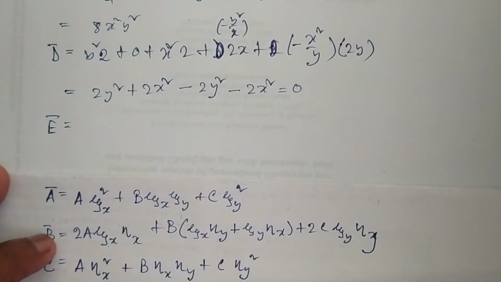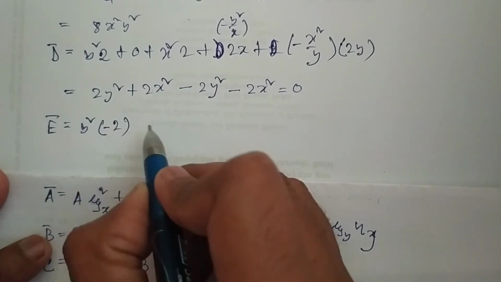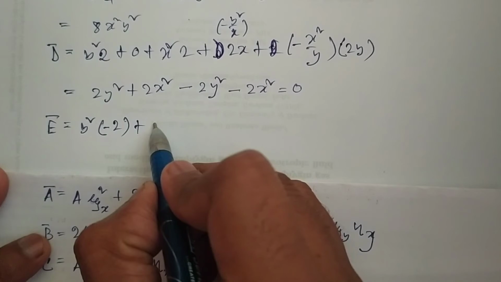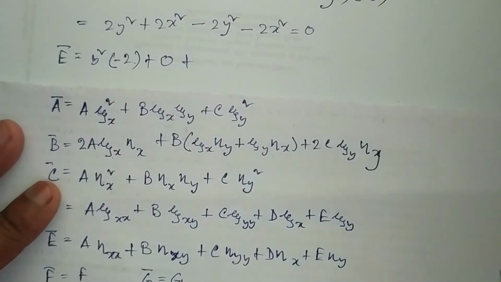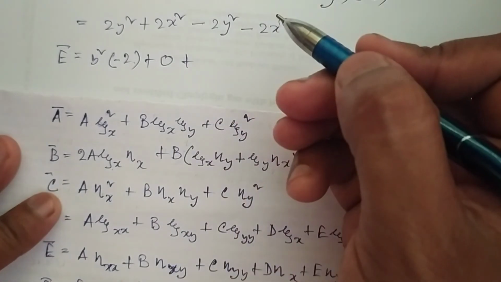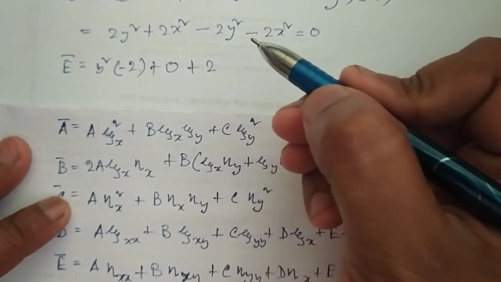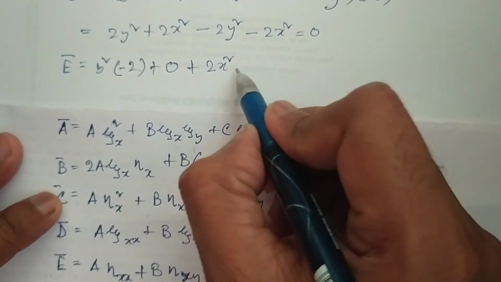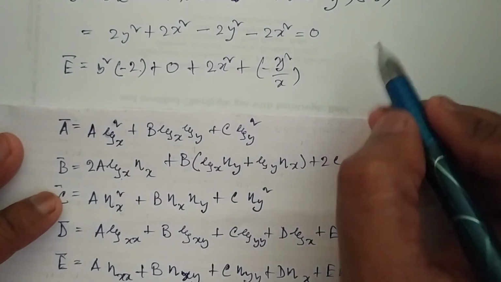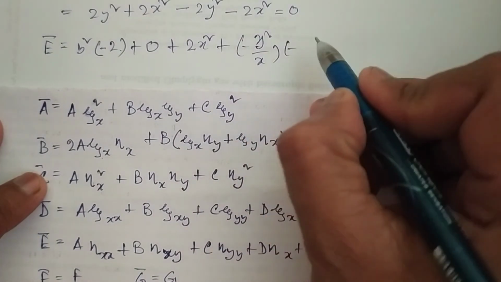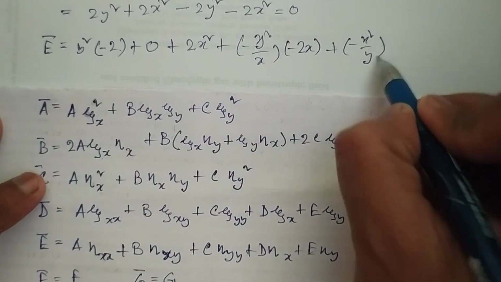E bar: a, that is y square, eta xx is 2, minus 2, sorry, and b, eta xy is equal to 0, and eta yy is 2, x square is x square again, and then d is minus y square over x multiplied with eta x, which is minus 2x, and next one is minus x square over y and minus 2y.